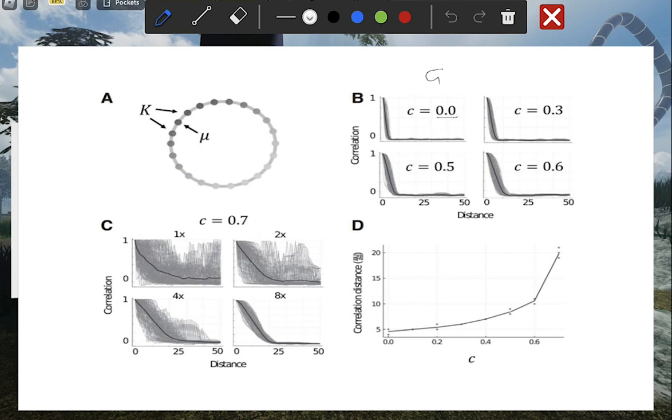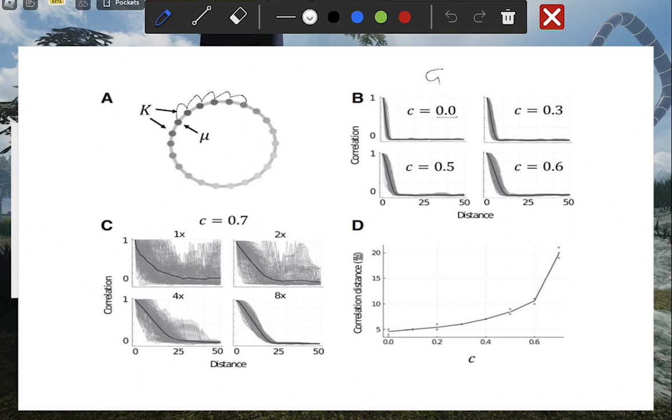Each of these gray lines is like what you saw from that paper in the monkey with the fractals. On the x-axis is the distance, or the number of hops away, in this structure. The gray lines are different trials, and the black line is the average of all the trials. I think there's 100 trials.